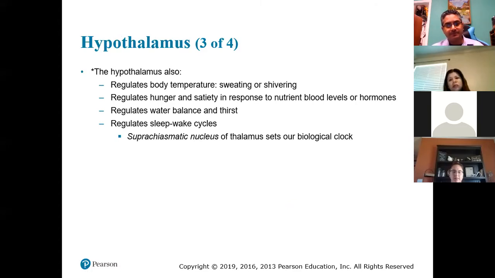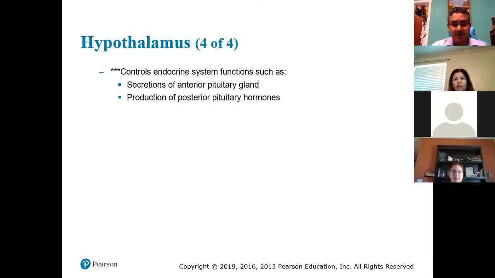So super cool. So again, body temperature, hunger, water, thirst, sleep cycles. So it does a lot. It has a lot to do with homeostasis. Now, if it's going to be dealing with homeostasis and blood sugar and all this stuff, well, guess what has to come into play?